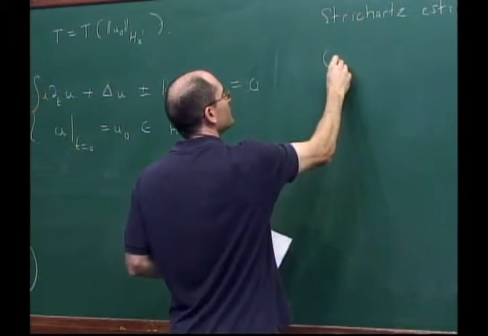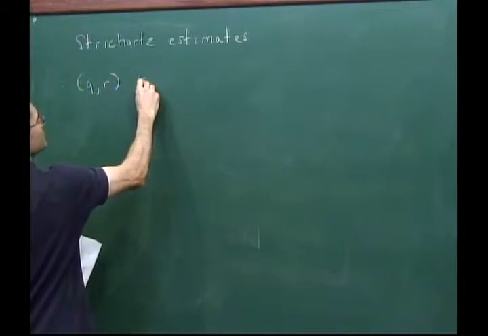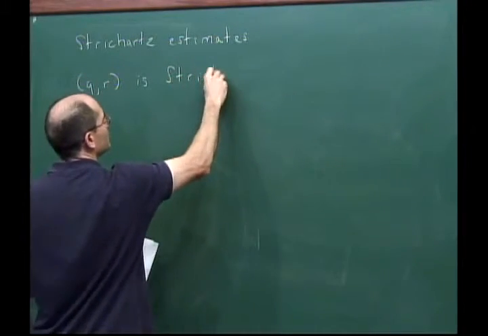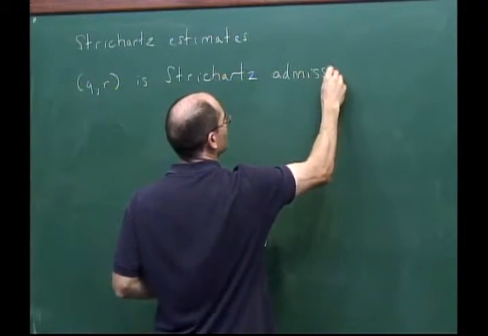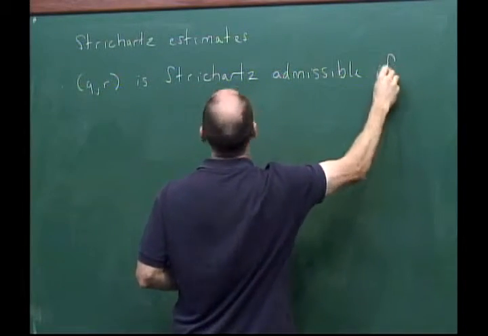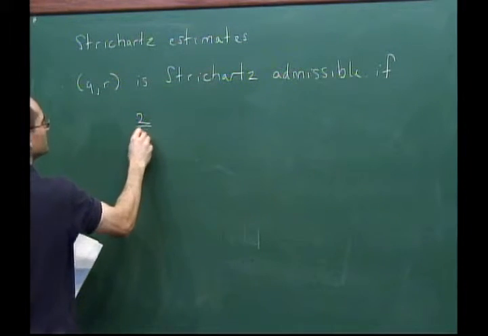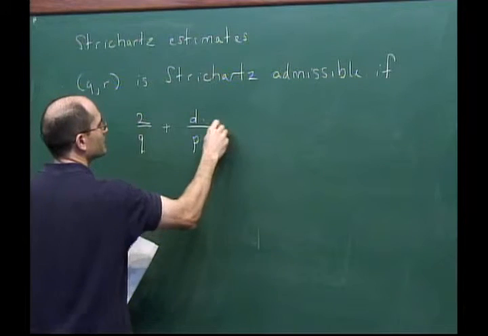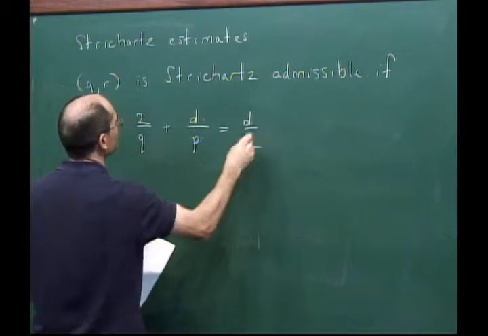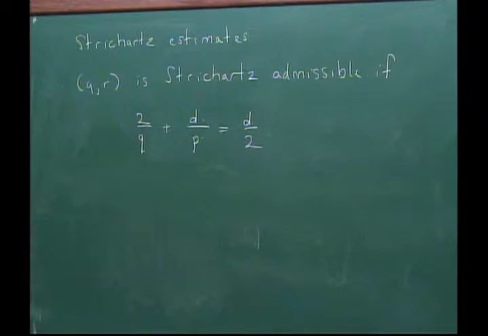We say that q, r is Strichartz admissible if 2 over q plus d over r is equal to d over 2. Strichartz admissible for the linear Schrodinger. There are also analogous estimates for wave and KdV.